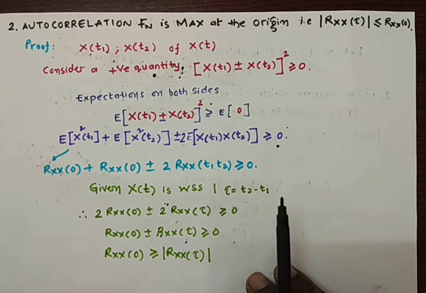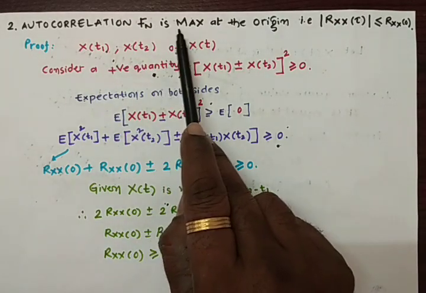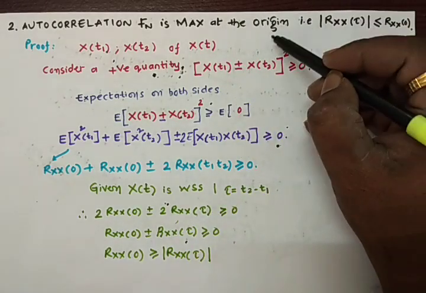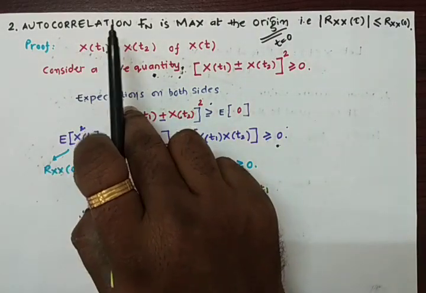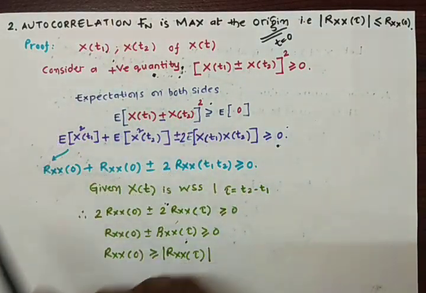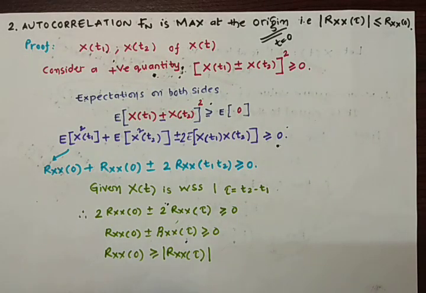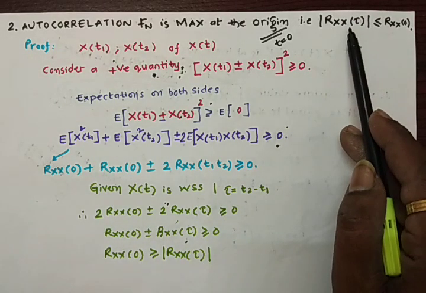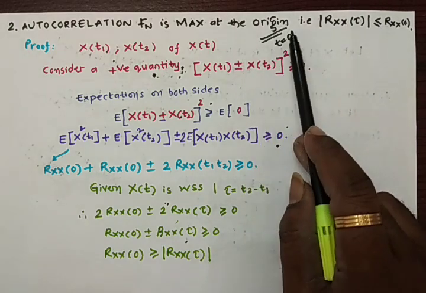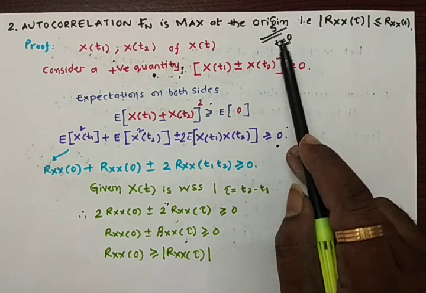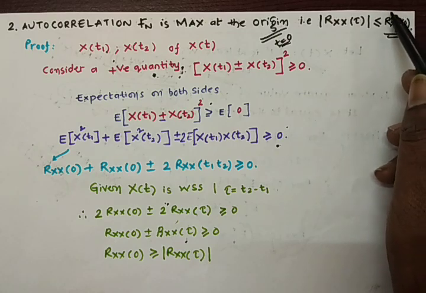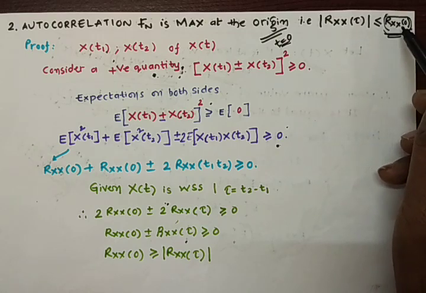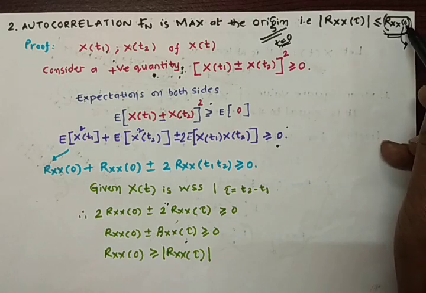So I am going with the second property of the autocorrelation function, that is, the autocorrelation function is maximum at the origin. The origin is at tau equals 0. The autocorrelation function Rxx of tau must be maximum at tau equals 0 only, that is Rxx of 0.